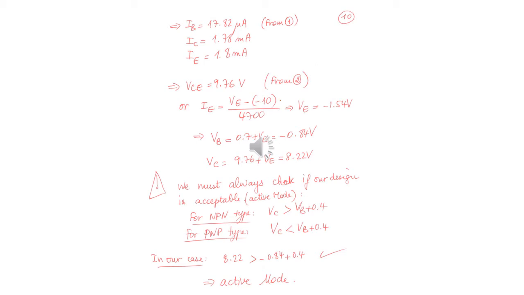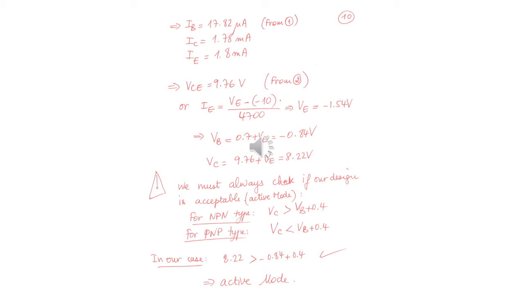VCE, you get it from equation 2. I have to go back to the equation. And IE, how is IE? If you can imagine a little bit, you have at the emitter a resistance and VEE. So IE is VE at the transistor emitter minus 10 over 4,700. Do you remember it?